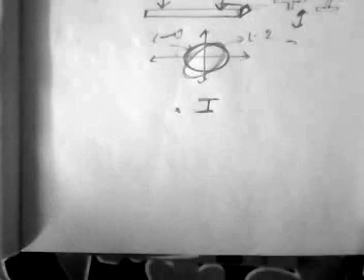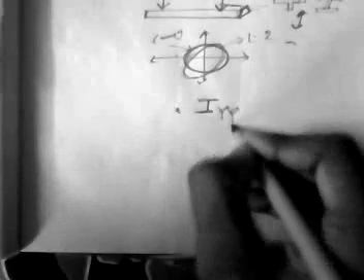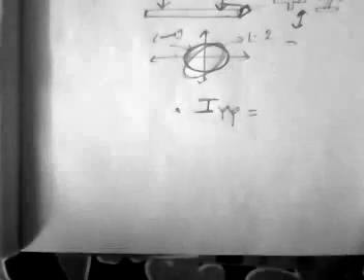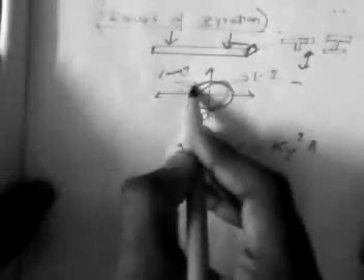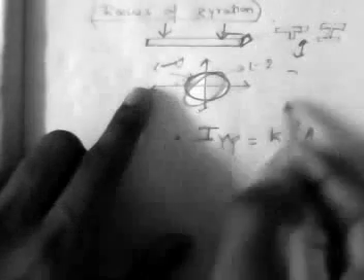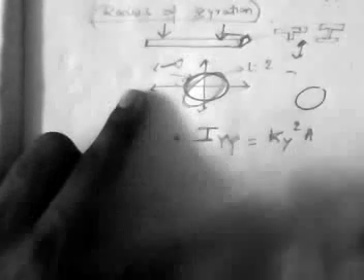Now, the concept of radius of gyration comes like this, because you can find the moment of inertia of each individual one over any axis.